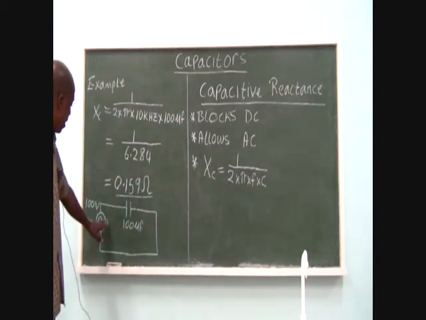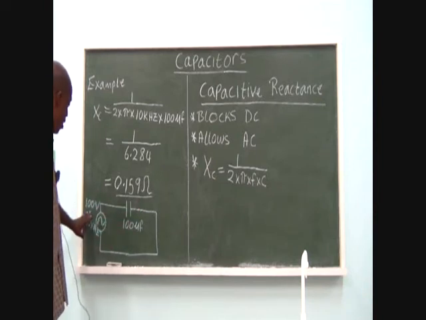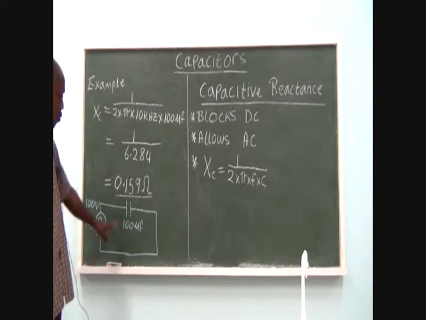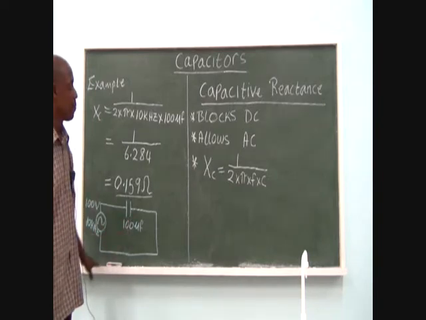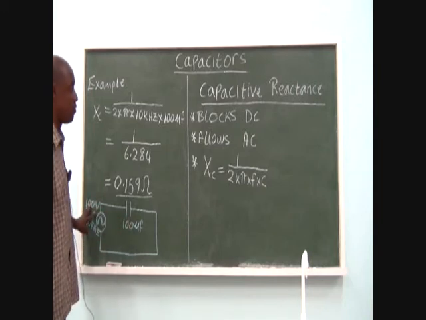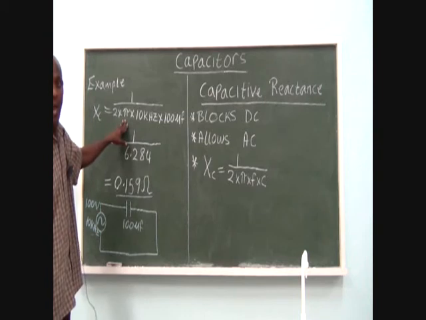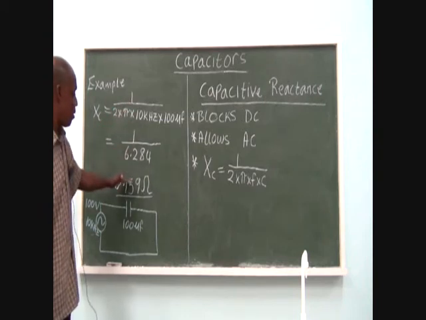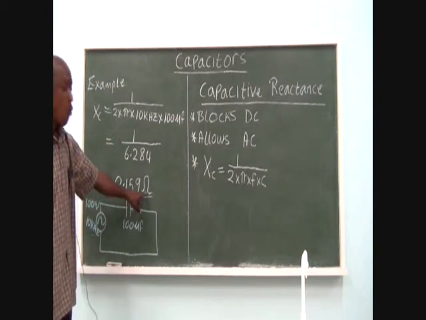If we look over here, we see we have a circuit here with an AC source of 100 volts at 10 kilohertz. We have a capacitor with a value of 100 microfarads. If we were to put these values into our formula, like what we have here, and work this down, we will notice that we end up with 0.159 ohms.